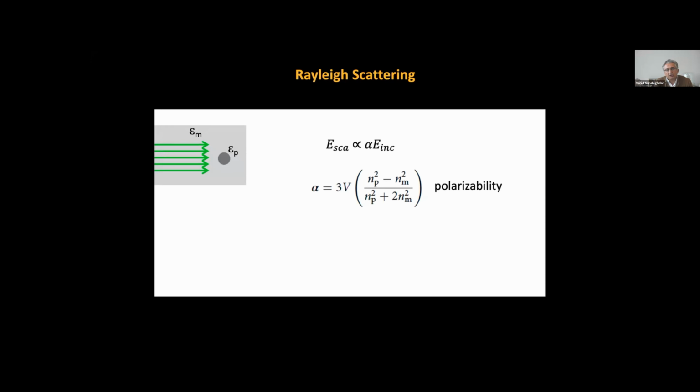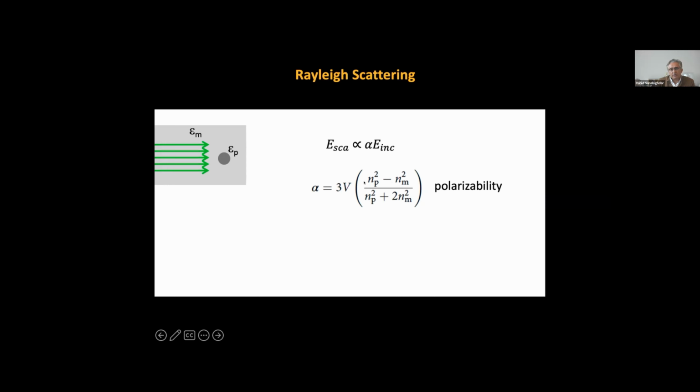The important quantity is the polarizability, and this is a textbook result that you would have in your electromagnetic course. So the polarizability of a nano object is given by this expression, and polarizability itself is a prefactor that relates the incident field and the scattered field for a small object.